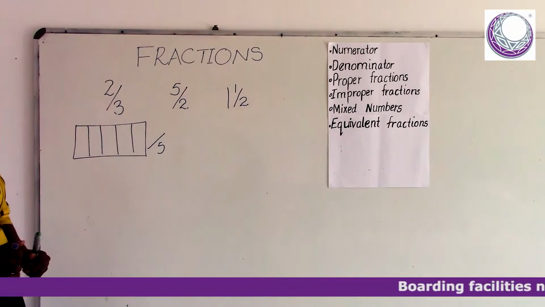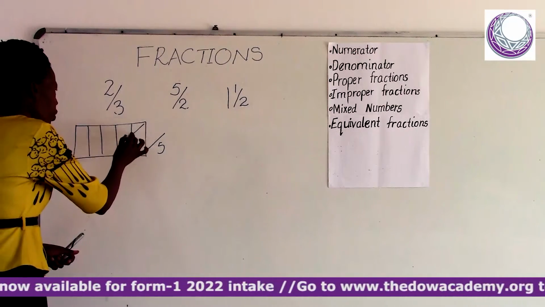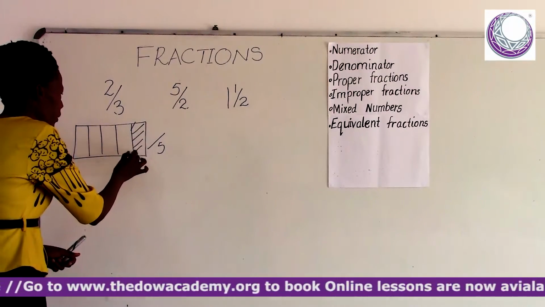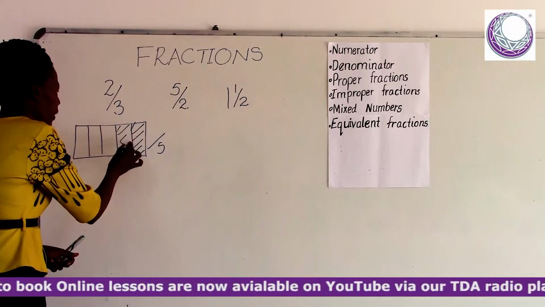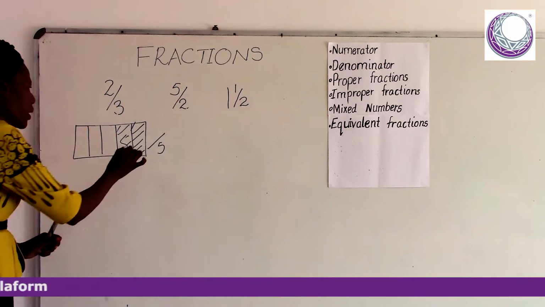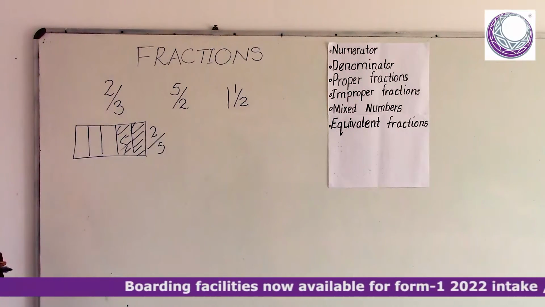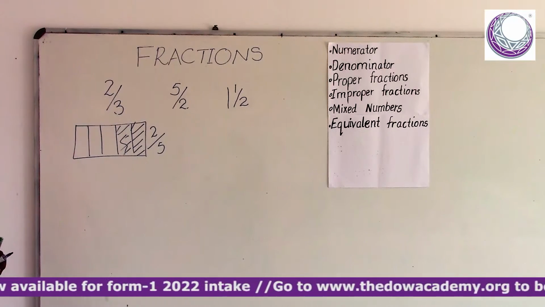The question can be like, how many parts are shaded? I'm just going to shade 2 parts of this. I've shaded 2 parts. So how many parts are shaded there? I've shaded only 2. So it's 2/5 shaded, or 2 out of the 5 parts.